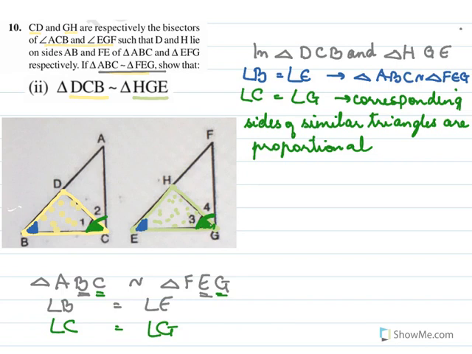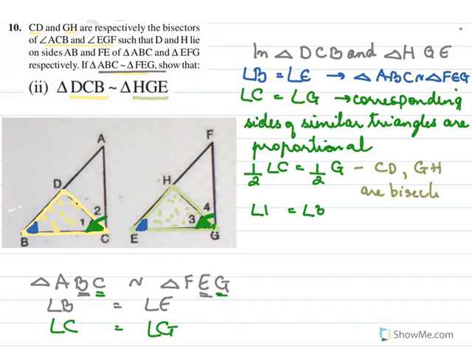So if angle C equal to angle G, half of angle C will be half of angle G. And if you look up in the figure, half of angle C is angle 1. Half of angle G is angle 3. Reason for this, CD and GH are angle bisectors of angle ACB and angle EGF respectively.